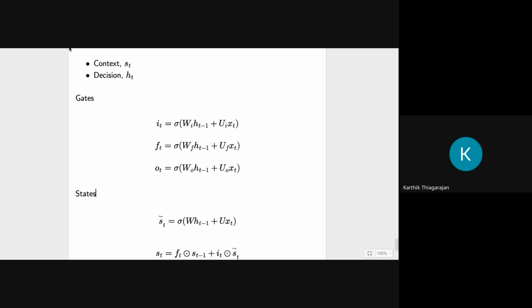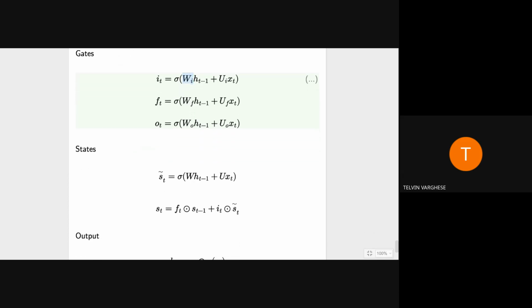Any questions here? Every gate will have the same dimension as ST and HT, right? Yes, since this is an element-wise product, the candidate state and the gates should all have the same dimension.